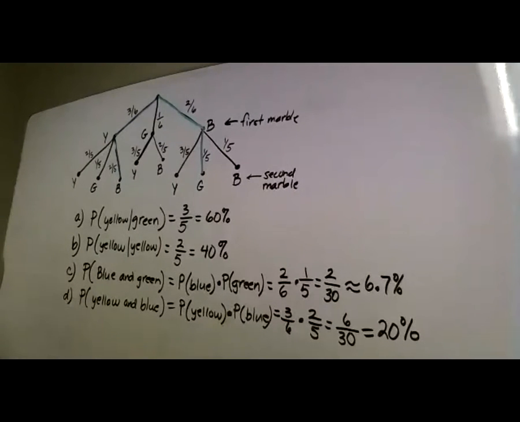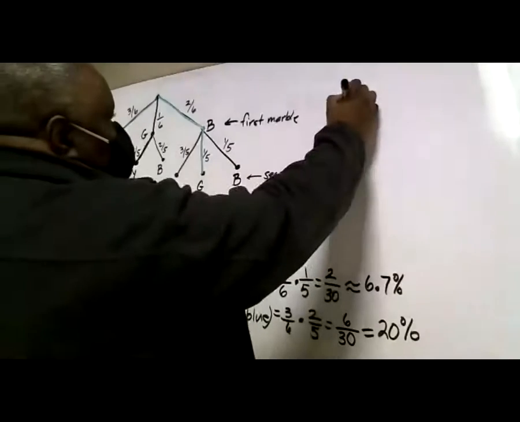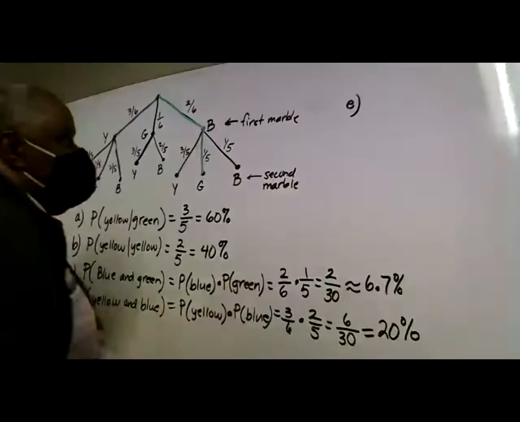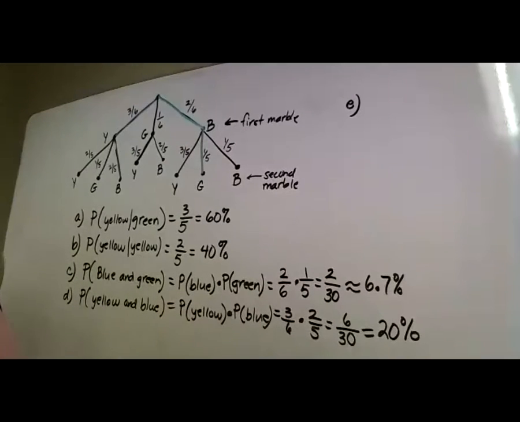And finally, part B is determine the probability that the second marble is yellow. So here we're looking at the second marble that's yellow. Well, let's take a look.